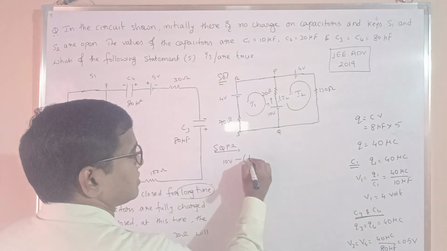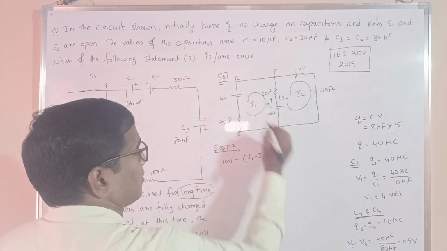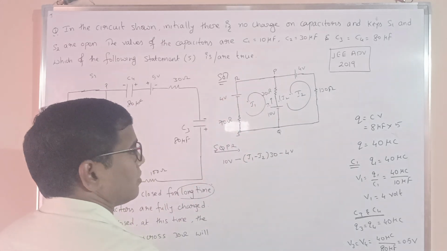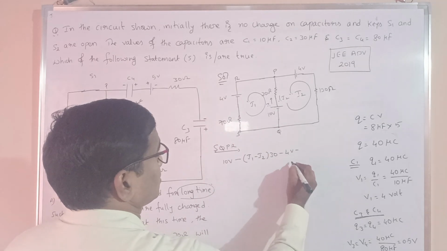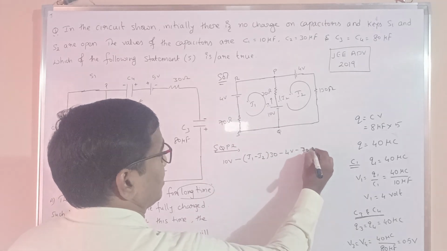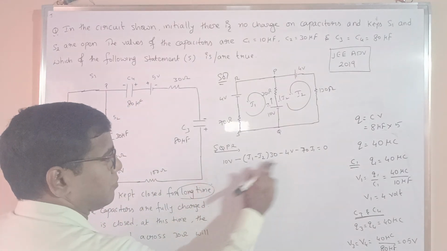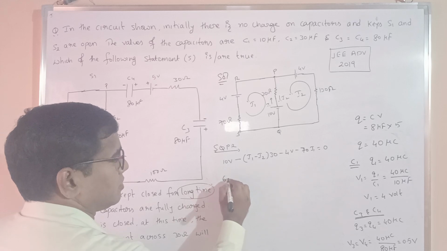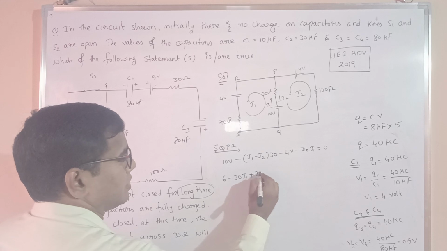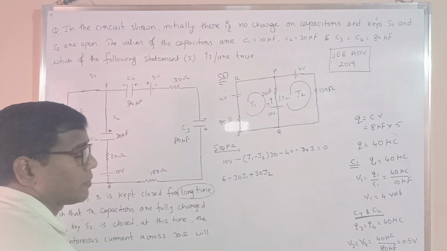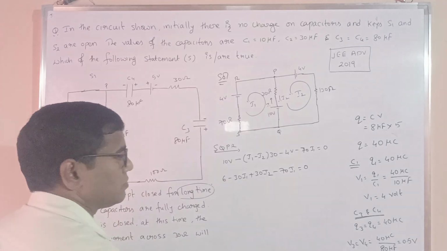So I will write minus (I1 minus I2) into 30, minus 4 volt, and minus 70 I1 is equal to 0. I will write 10 minus 4 means 6, minus 30 I1 plus 30 I2, minus 70 I1 which is equal to 0.